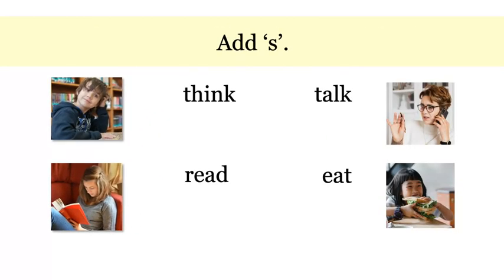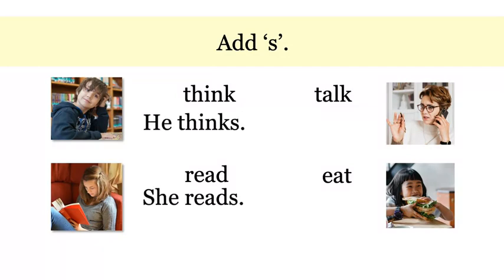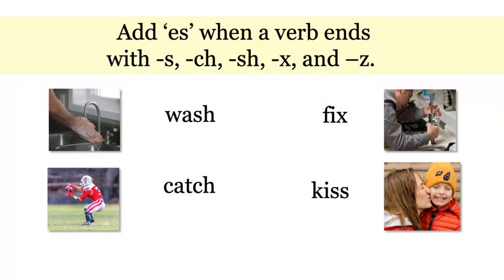For many verbs, add S. He thinks. She reads. She talks. She eats. Add es when a verb ends with s, ch, sh, x, and z. They all have a sh sound on the end.